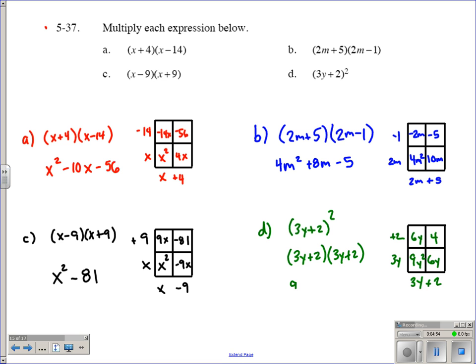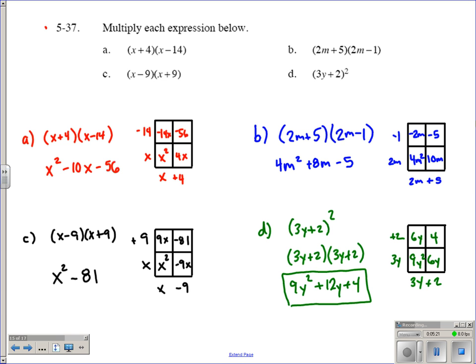We have 9y squared. Once again, our like terms are in the diagonal here. We have 6y and 6y, which gives us 12y. And then we're going to have plus 4 at the end. So there is our answer for D, 9y squared plus 12y plus 4.